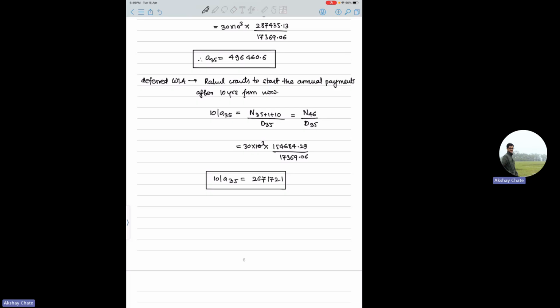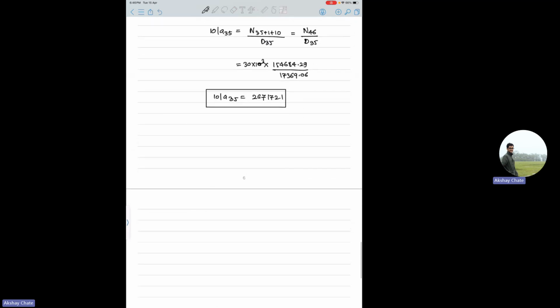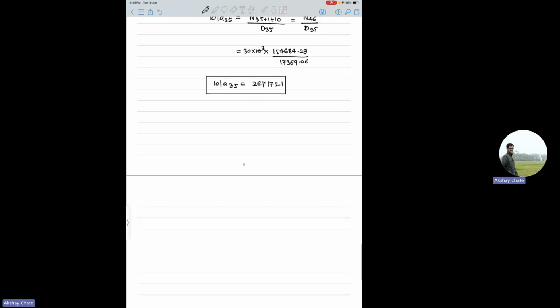So these kinds of questions they can ask from whole life annuities. After that, there is something called temporary life annuities. We saw those formulas, but for the sake of completion, you can refer to the slides or the class notes also.